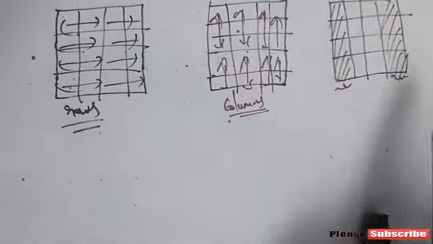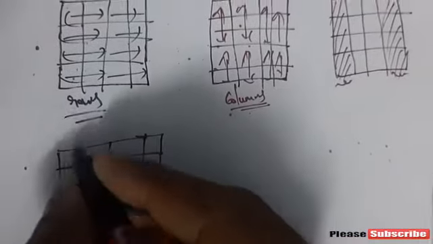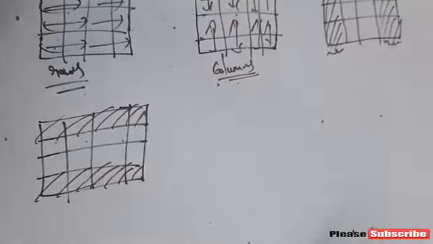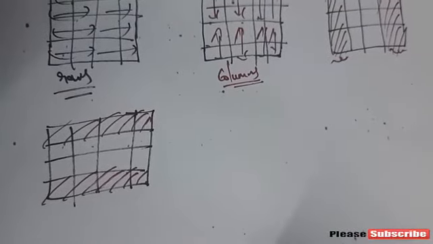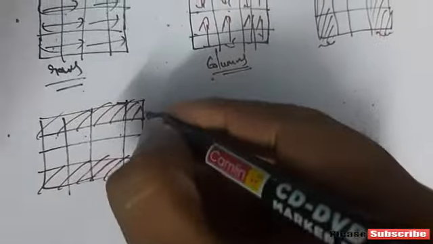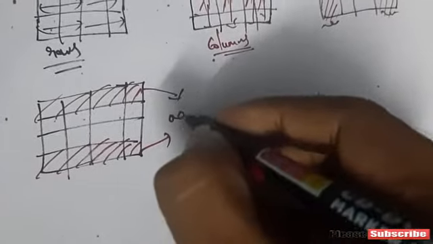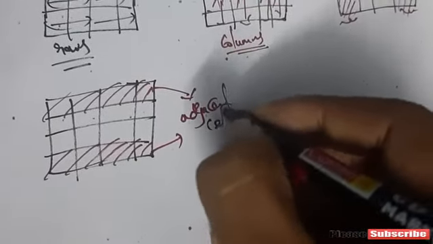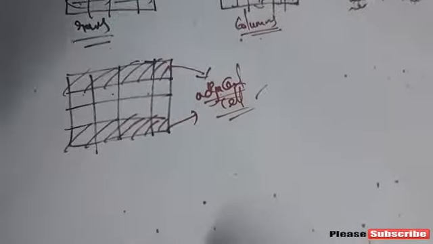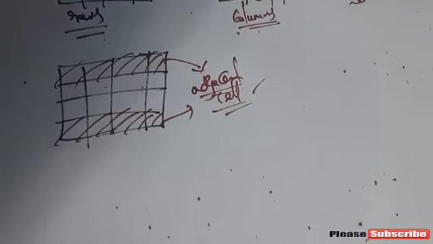Similarly, if you find something like 1 2 3, 1 2 3 in row form in the questions, you just pair it as one pair. This will be the adjacent cell. We just pair it into one pair.